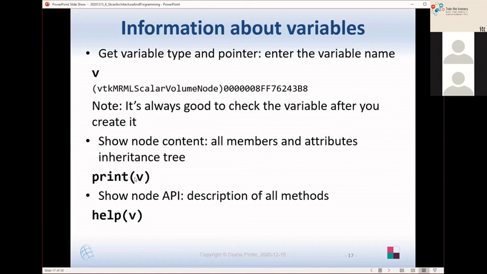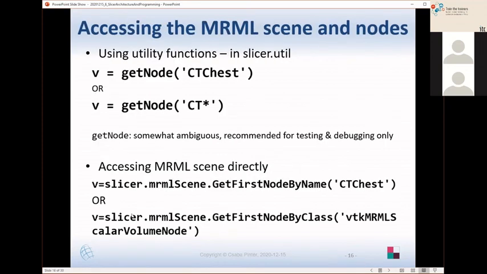If you want to show the content of some variable, you can say print v, and then every node and every object has a print function that is used to print itself out. So you may get half a page, 1 page, or 10 pages of information based on what object this is.